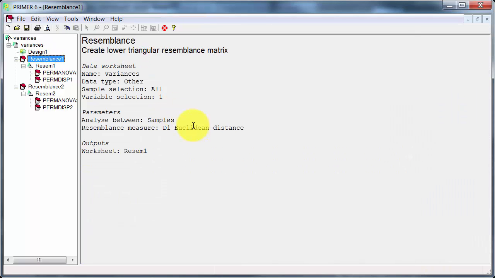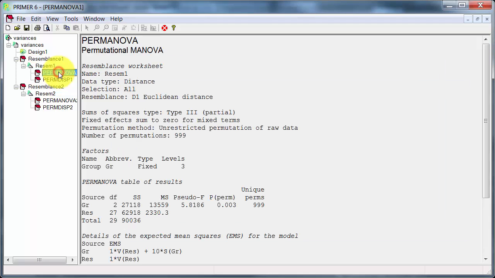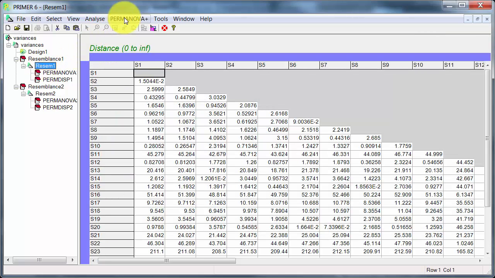Euclidean distance is critical if I want to do the PermANOVA on a single variable. PermANOVA, incidentally, if you've looked at the other videos, is designed for doing a multivariate analysis of variance. But if I use Euclidean distance for one variable at a time, I can run a permutational analysis of variance.